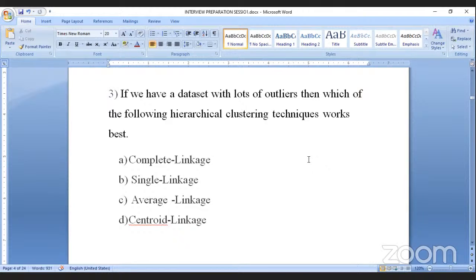Here are the four options: complete linkage, single linkage, average linkage, central linkage. Come on, answers, friends. It is okay if it is wrong. We can learn from the mistakes. Can I get some responses in chat?